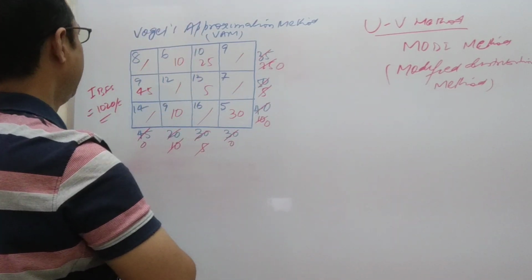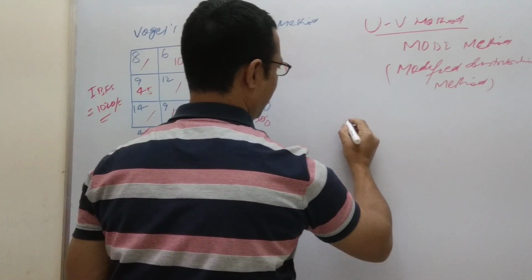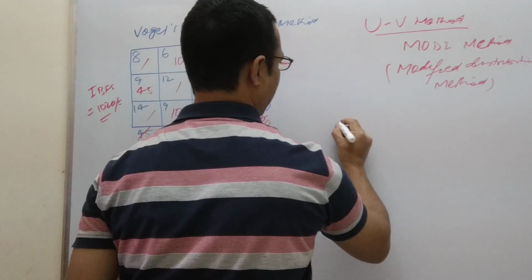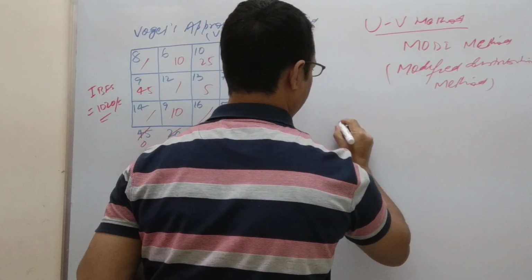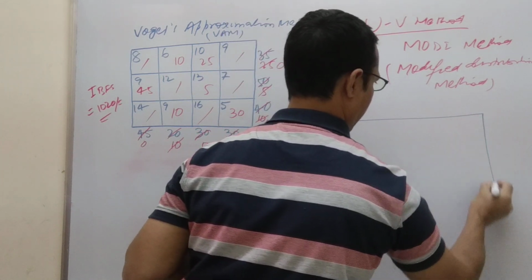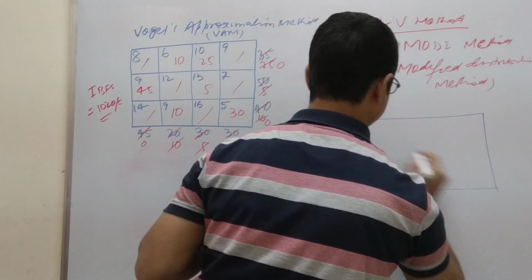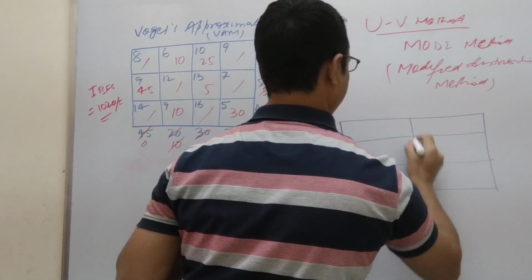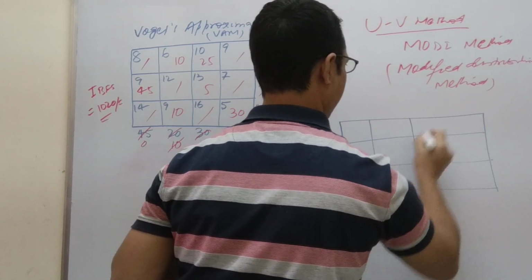So how to apply this MODI method? First we need to copy this table. It is a very easy procedure, just move step by step and try to understand how to find the solution.